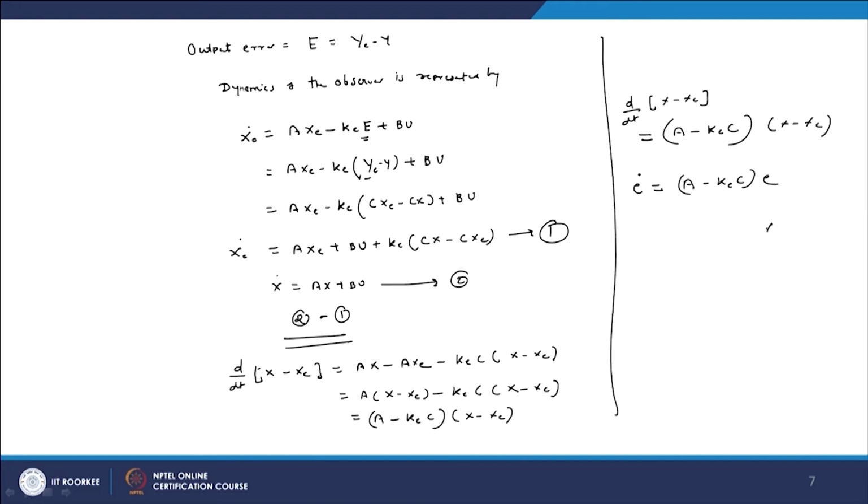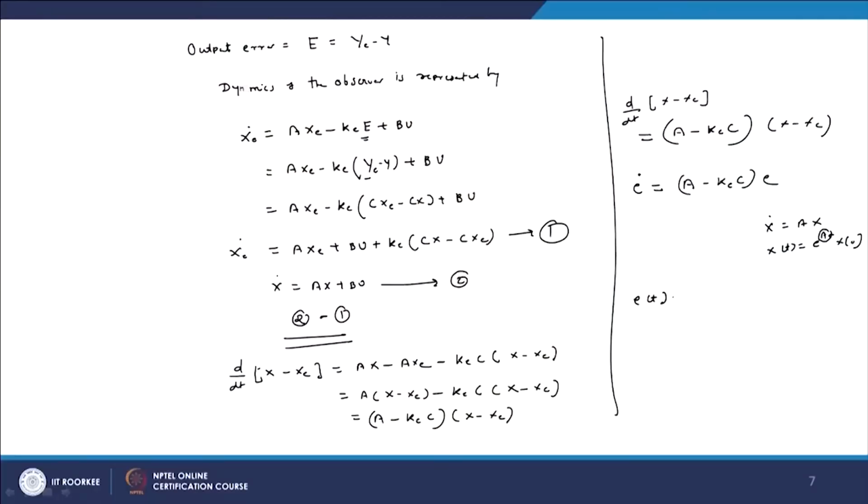If you write the equation as x dot equal to ax, then x of t equals e raised to a t into x of 0. Here we have seen that in order to reach the steady state very quickly, the eigenvalues of A should be very far away from the imaginary axis. That means it depends upon the eigenvalues of A. Similarly here, if you write the error equation in terms of t, e of t equals e raised to a minus k c into t into e of 0.